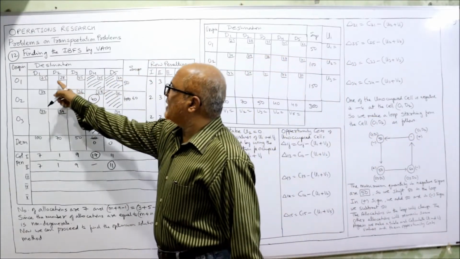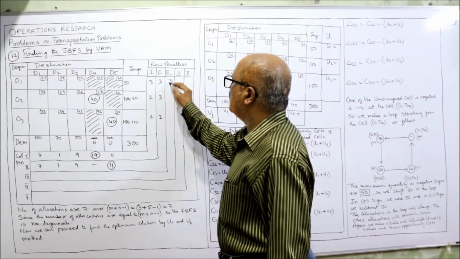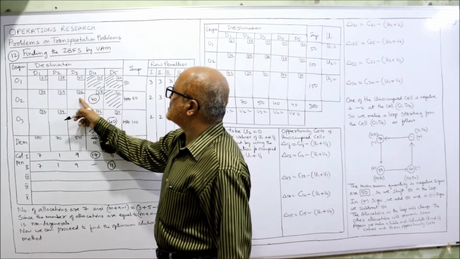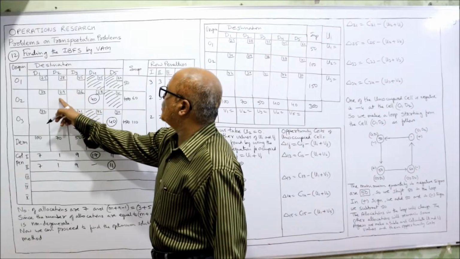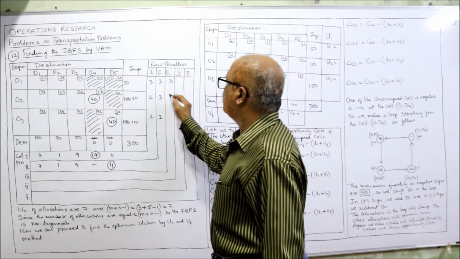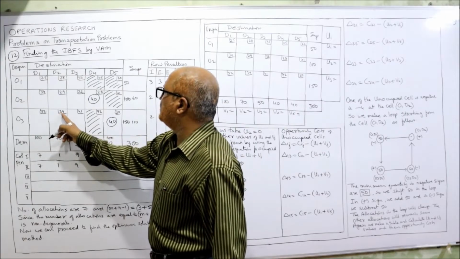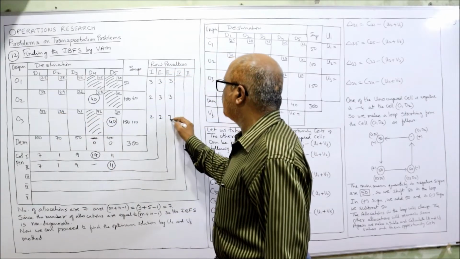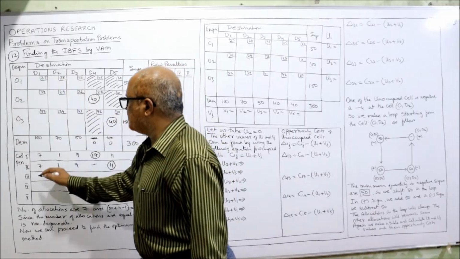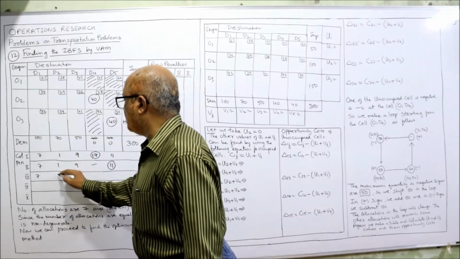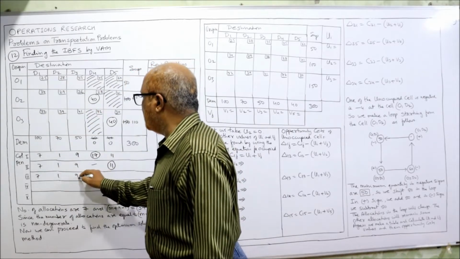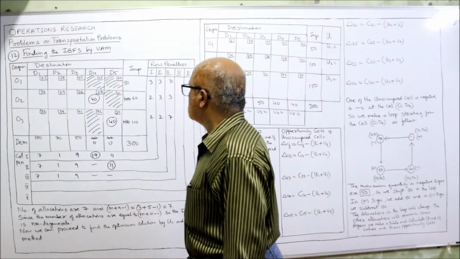Now third penalty. Minimum is 25, next minimum 28. So again 3. Here minimum 26, next minimum 29. So 3. Here minimum 32, next minimum 39. So 7. Column wise, same, 7. Here same column, 1. Here same, 9. Here dash, dash.